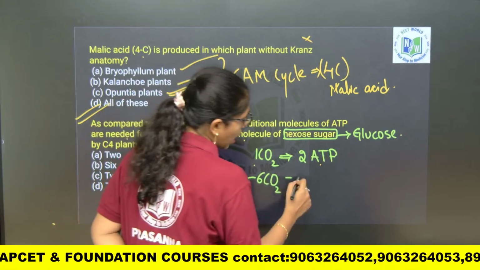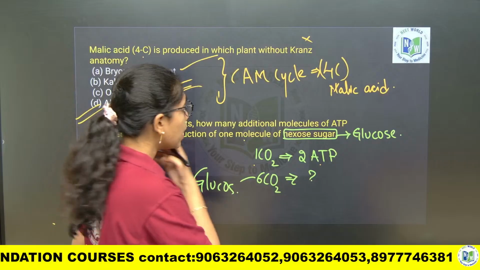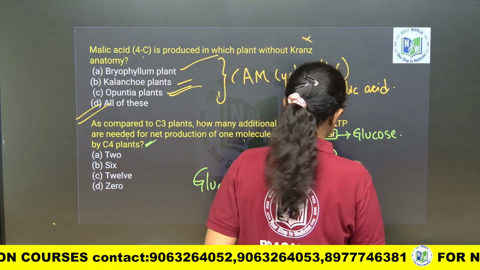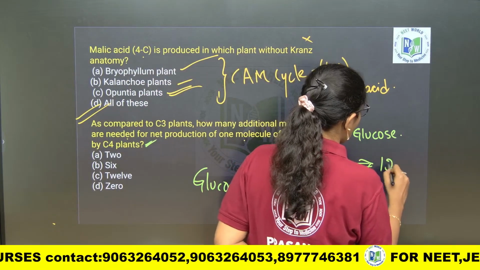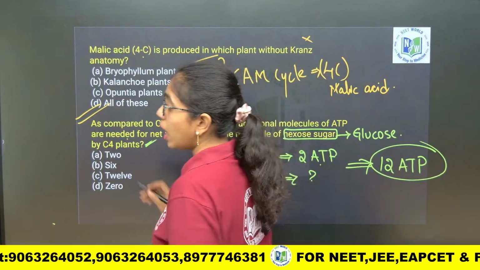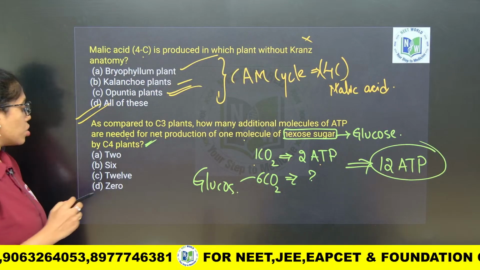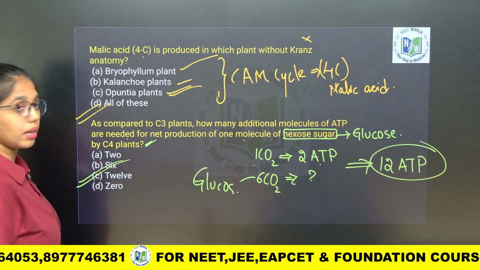So for 6 carbon dioxides involved in formation of glucose, how much ATP will be required? It is just 6 into 2, that is 12 ATP. 12 additional ATP are utilized by C4 plants to fix the carbon dioxide. So it is option C. C will be the right answer.